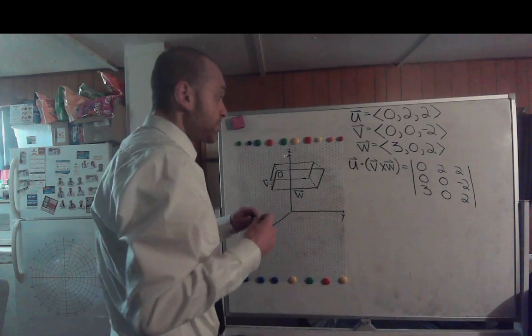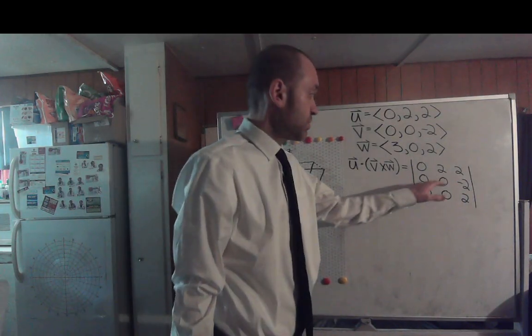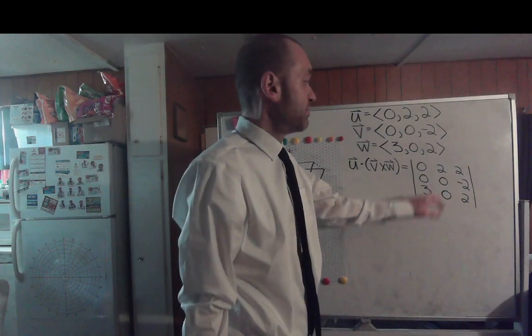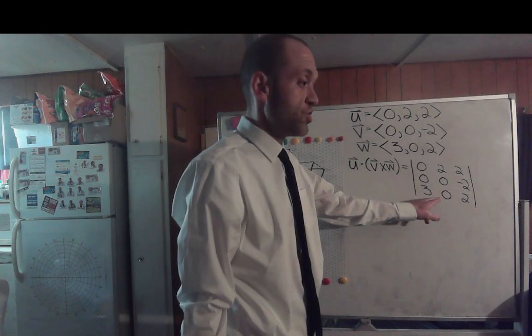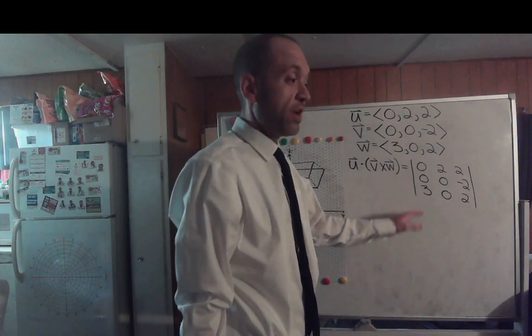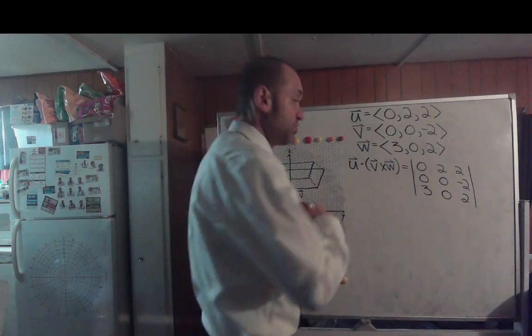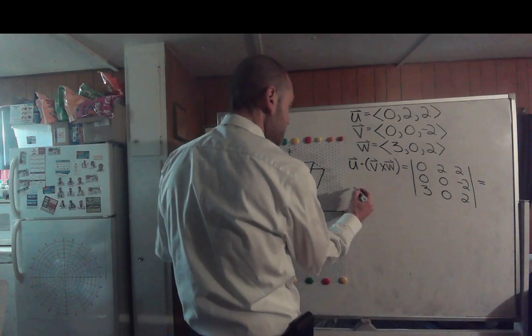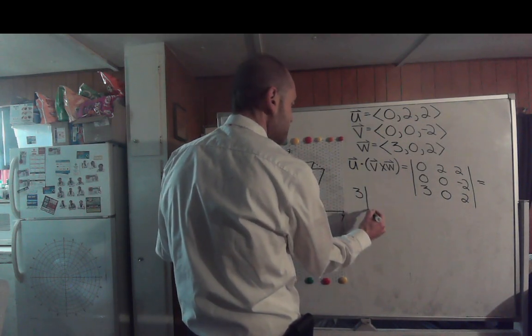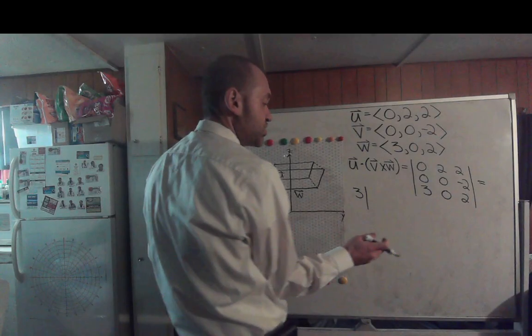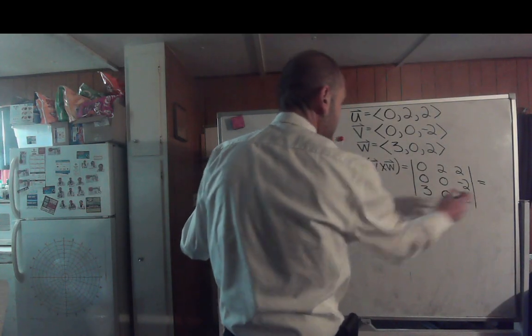Well, notice we have two columns that have 2 0 entries. I think it's a no-brainer. We probably want to use the first column because we're only going to have to do one 2 by 2 determinant. This would be positive 3, so we'll take 3 times the resulting 2 by 2 determinant when we strike out the first column and third row.